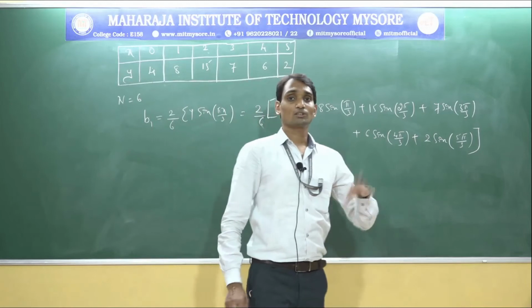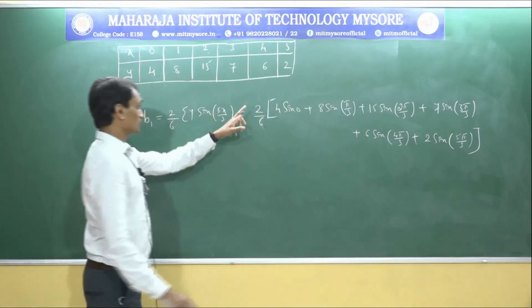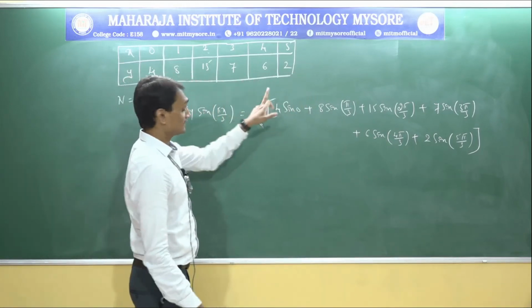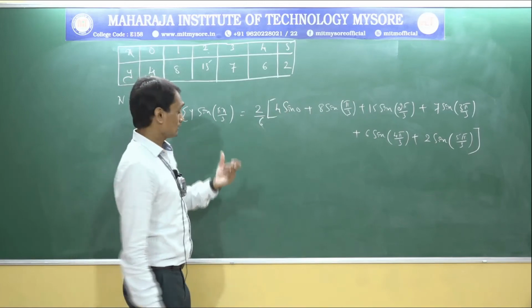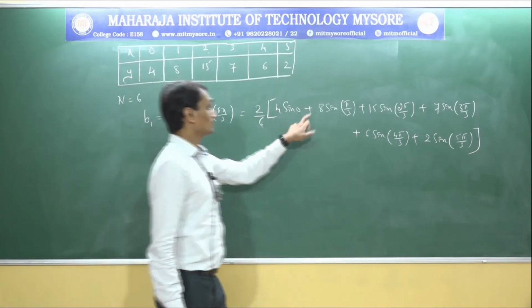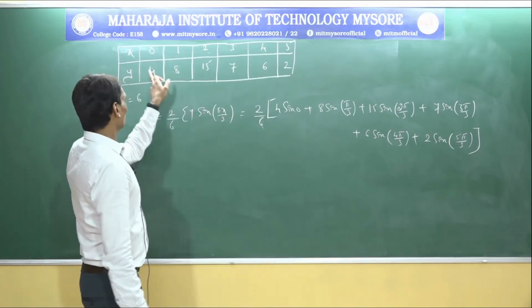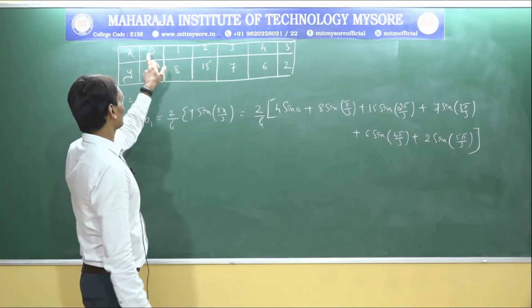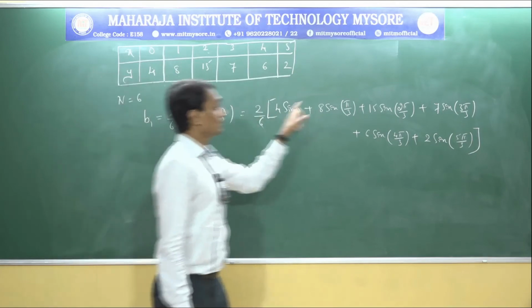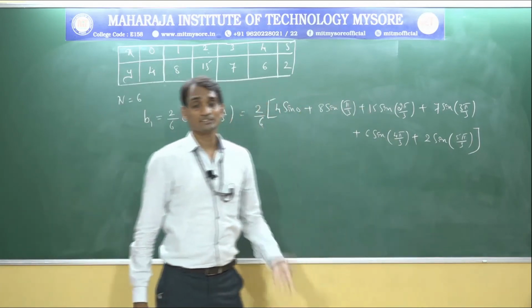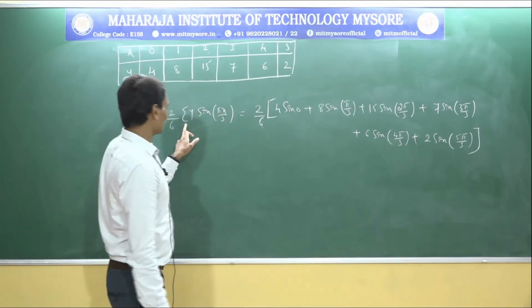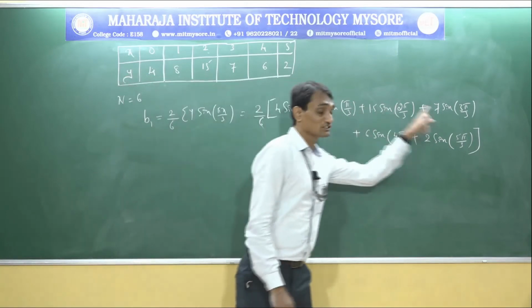We substitute 1 by 1 sine values, that is 2 by 6 into 4 sin 0 plus 8 sin pi by 3. I am replacing the y and x values alternately, y, x, y, x, like this, and then the summation means addition we need to take.